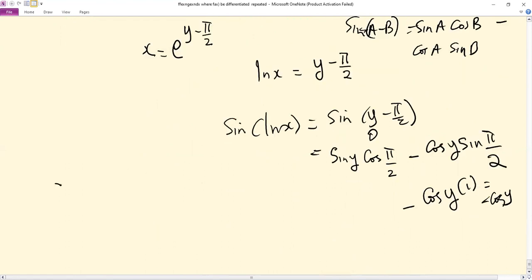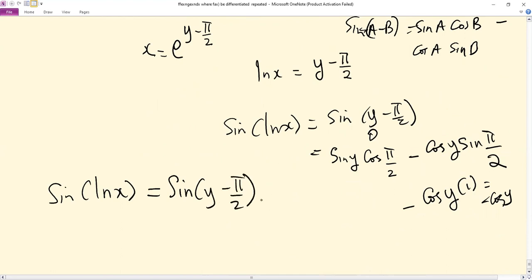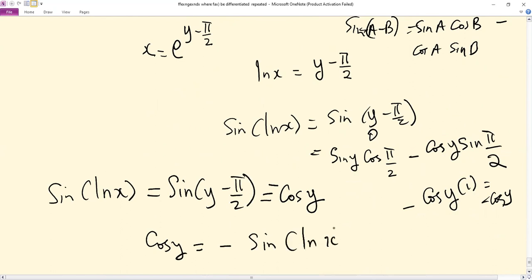So which means sine of ln of x is the same as sine of y minus pi over 2, which is the same as minus cosine of y. So therefore, cosine of y alone is the same as minus sine of ln of x.